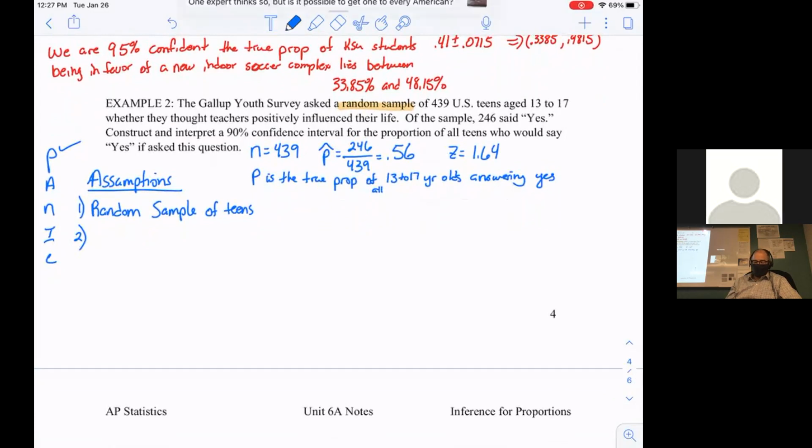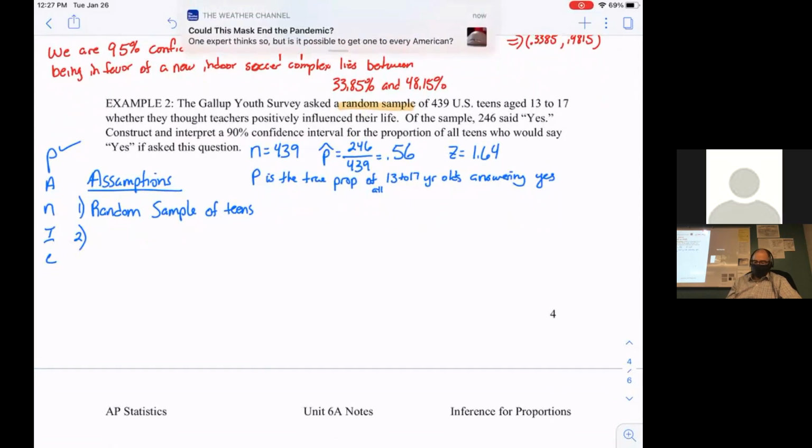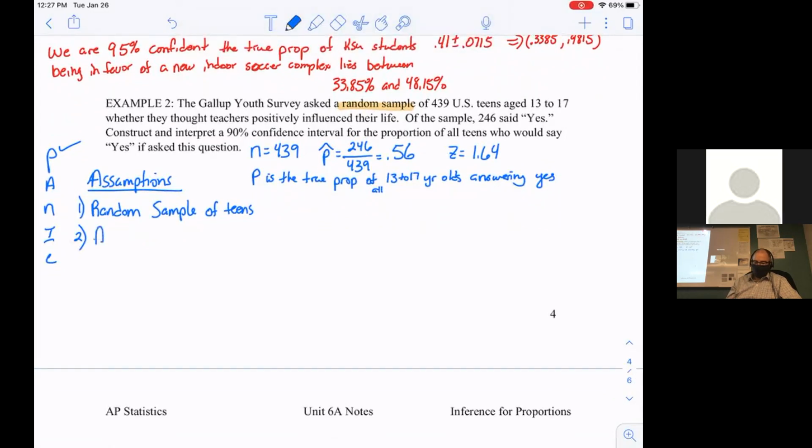Number two thing we look for, and we do that because, we're going to do it how?